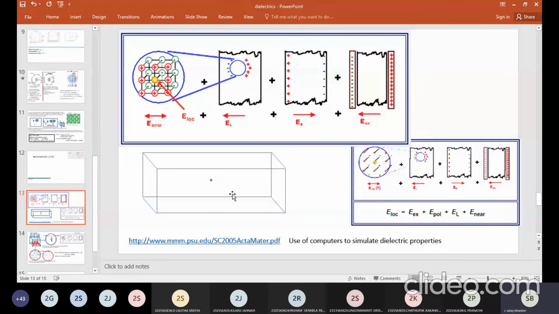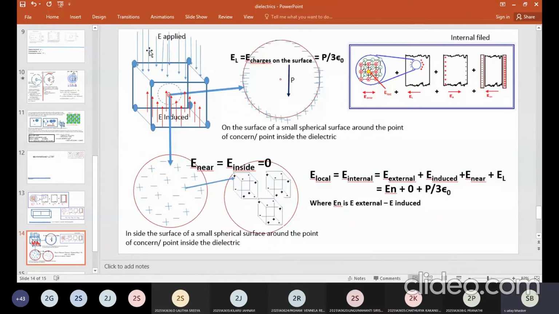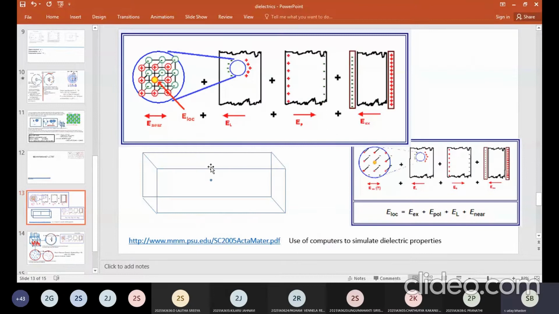Now, to find this out, I'm applying some external electric field, capital E. If the dielectric were not there, and I'm applying electric field E, then at this point the electric field will be E itself. Any question?